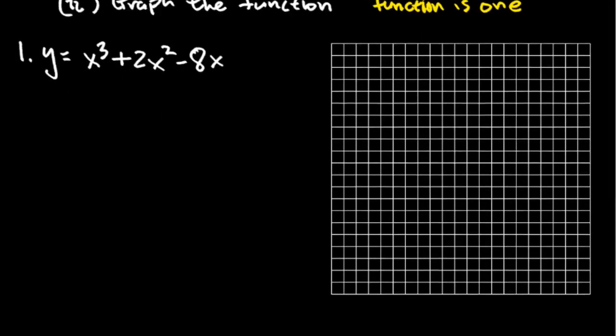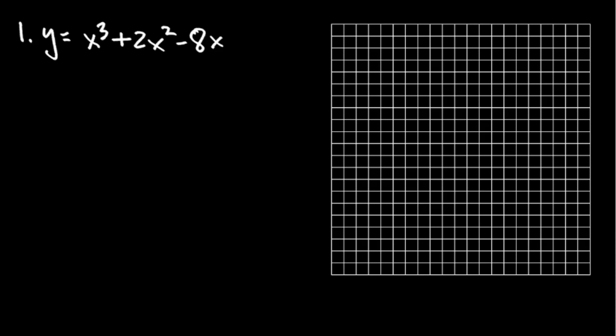Alright, so the first thing we should always do is try to factor whatever we have. So let's see, what can we take out of this? There's an x in common, so let's take that out. Oh wait, that's just supposed to be an x, not an x squared.